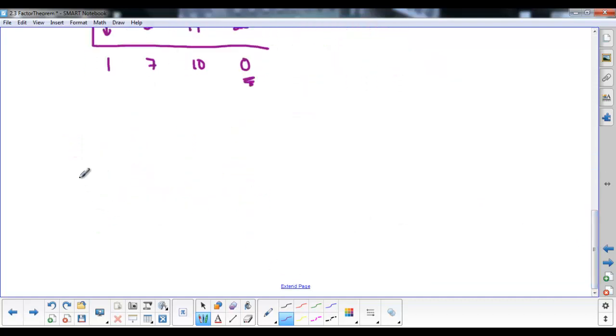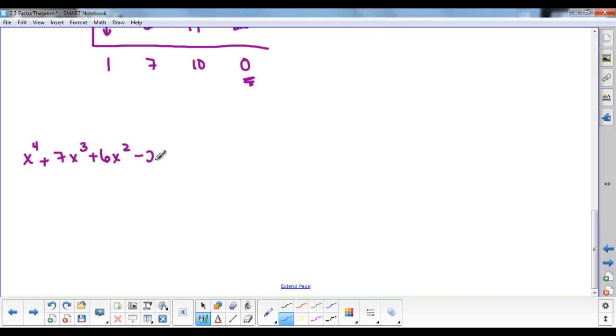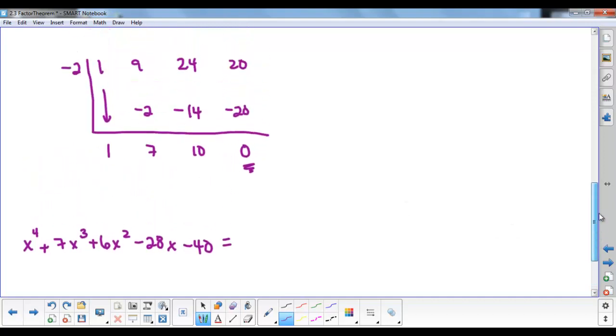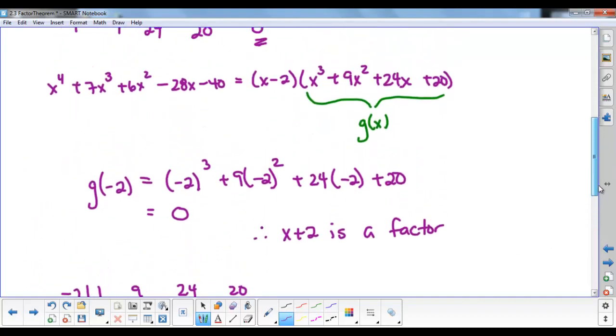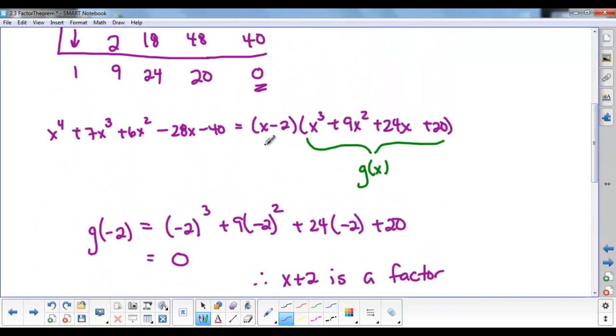If we were to write this out as a statement, I would start off with my original expression, x to the power 4 plus 7x cubed plus 6x squared minus 28x minus 40 is equal to the original divisor. So I'm just going to scroll up a little bit. So remember, it was equal to x minus 2 times g of x.